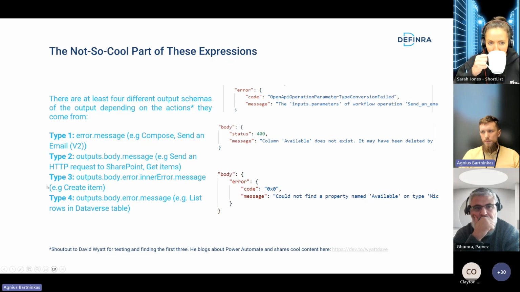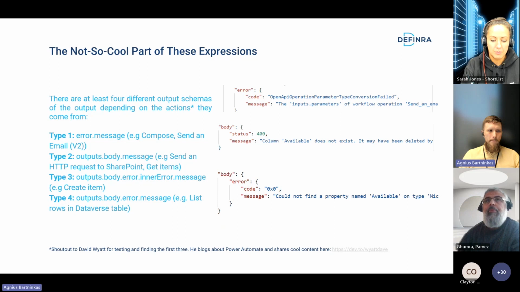So this was what David suggested should be returned on create item, but I got type 4. So it might have changed since he published this article on his blog, or it might not really be static.